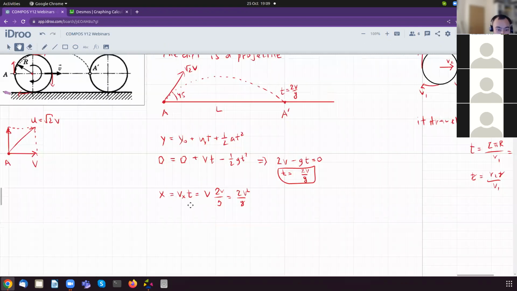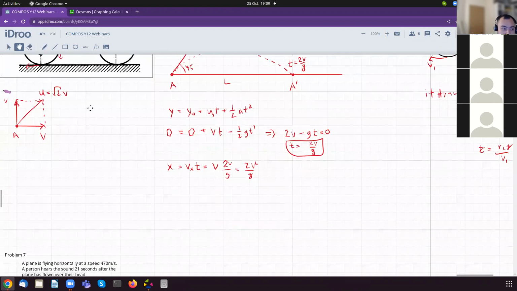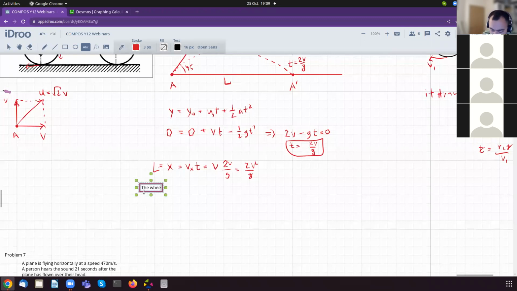We know that's the horizontal displacement, the distance traveled, L. We know the wheel completes n full rotations and travels L meters.